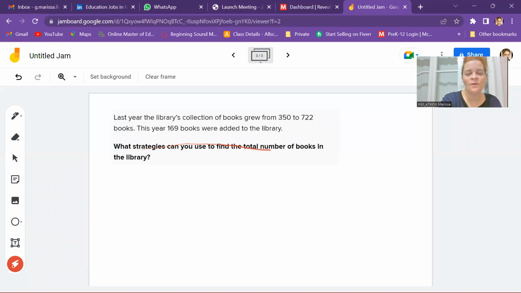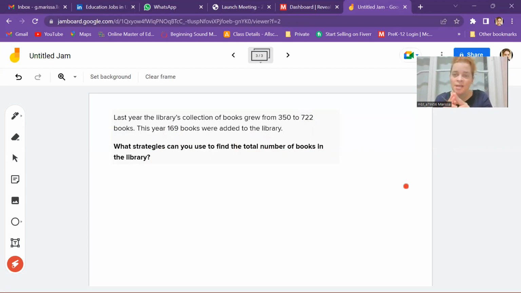What strategies can you find to know the total number of books in the library? So how many books were last year? It grew to 722 and 169. So to find the total number, what are we going to do? Are we going to add or subtract?